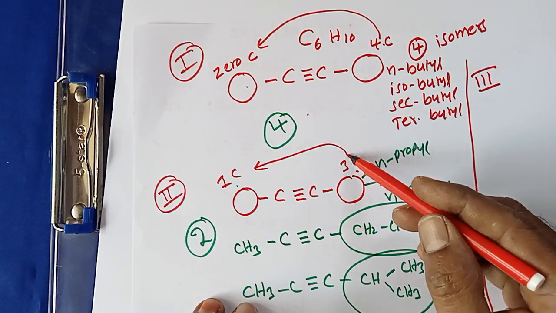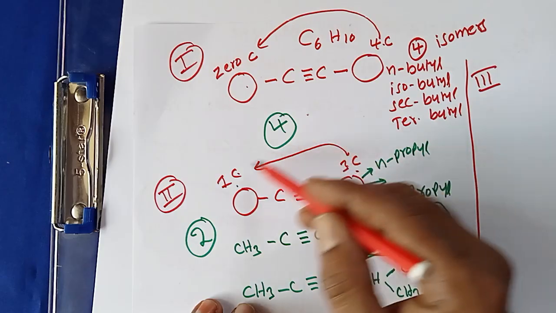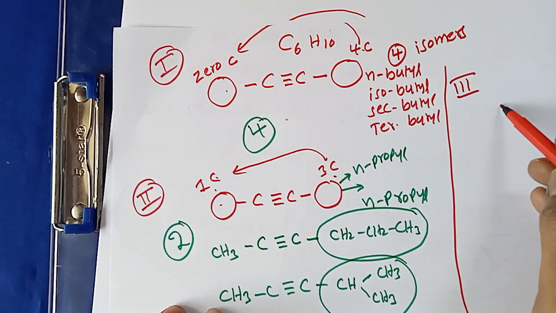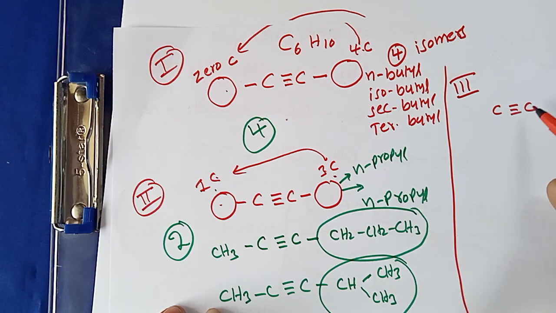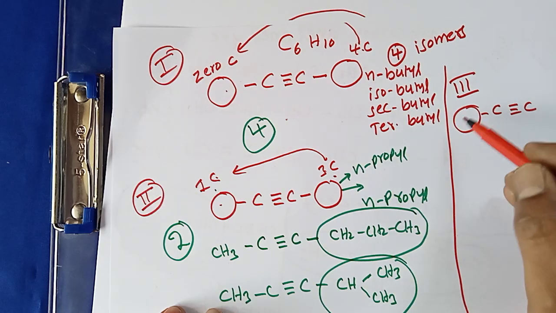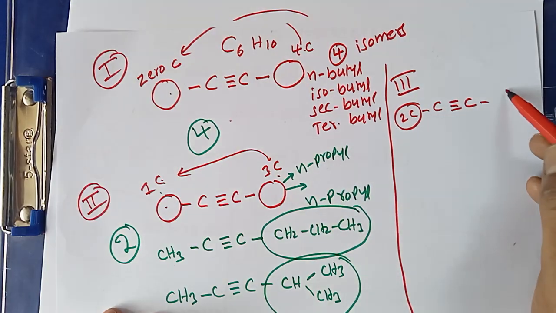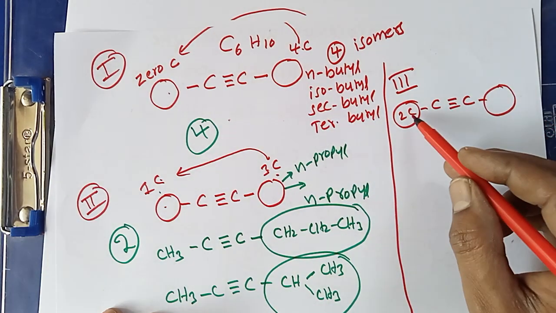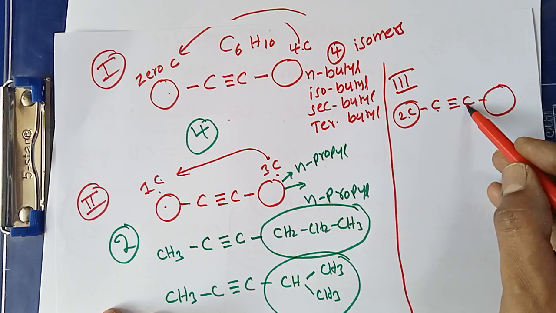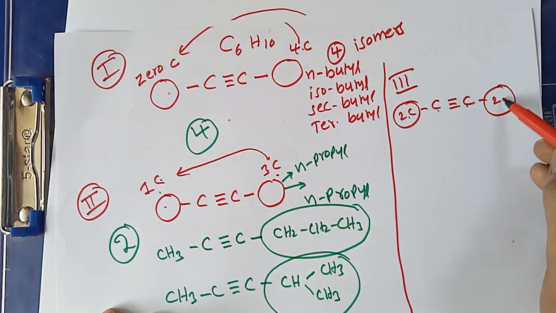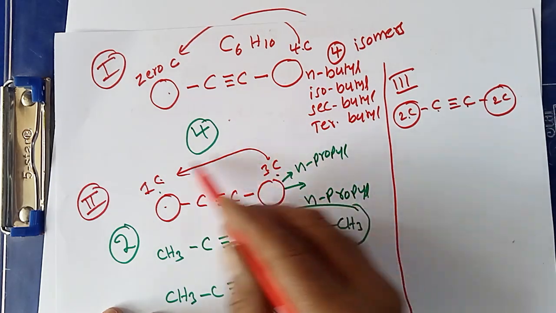In the next step, you can change the 3 carbons, out of 3, 1 carbon here. So here C triple bond C. See here how many carbons? 2 carbons it becomes, and here how many? 2 plus 2, 4, completed. 6, here also 2 carbons. Total 6. So out of 3, 1 bring this side.